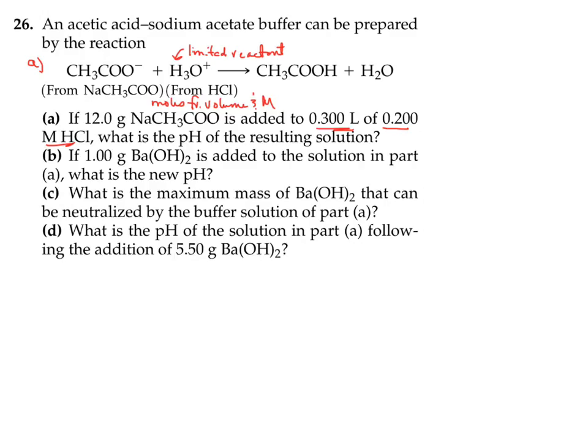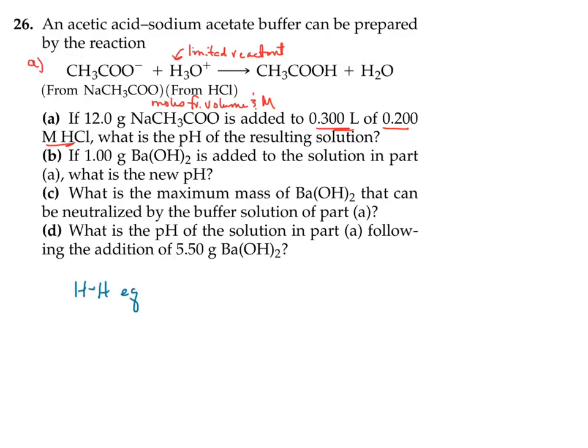So the H3O+ is the same thing as H+, and it's coming from your strong acid. Notice that you're given millimoles of HCl because you have volume and molarity, not milliliters. So you're given moles of that limited reactant.